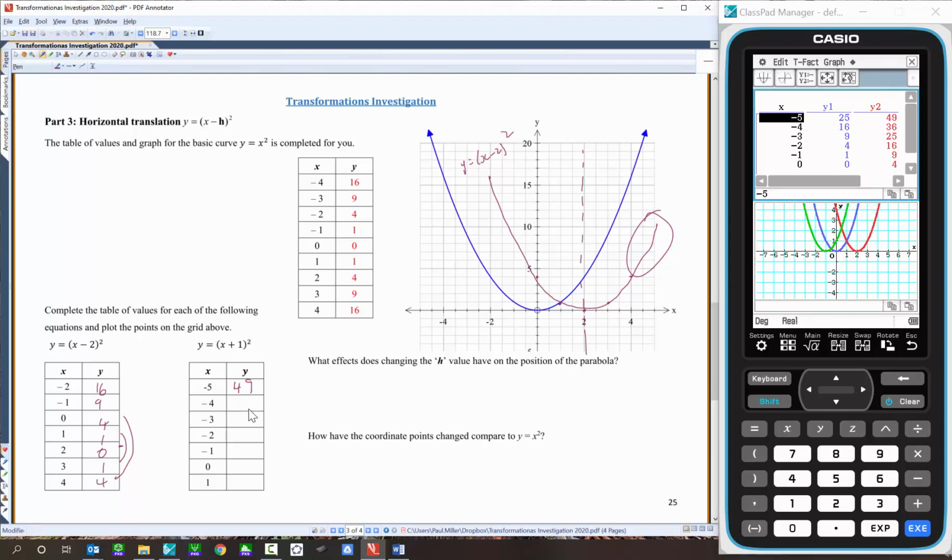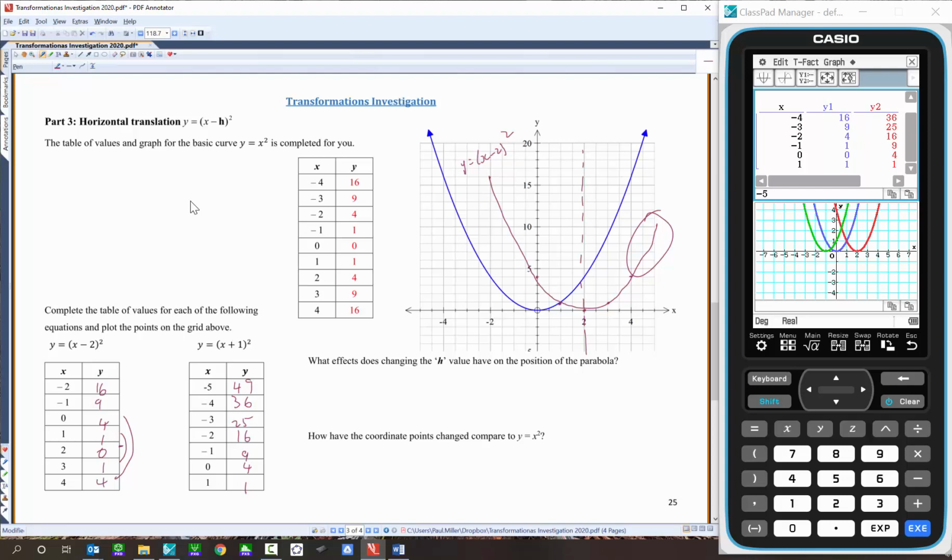Don't know how we're going to pop that on the Cartesian plane. 36, 25, 16, 9, 4, and 1. Okay, let's plot the ones we can. So when x is 0, we've got an x-intercept here? We don't. Something wrong here.